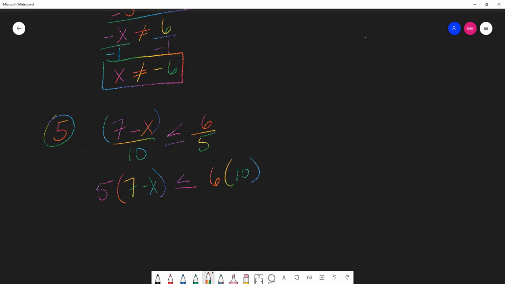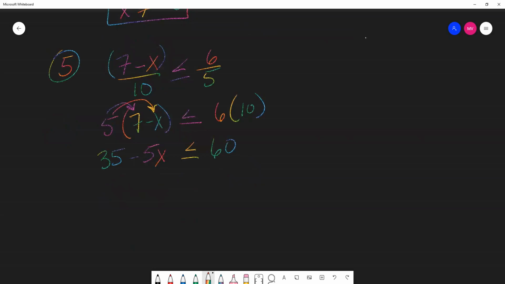So what do we do now? What do we do to get rid of parentheses? We distribute. Remember, it has to multiply by both. 35 minus 5x is less than or equal to what?